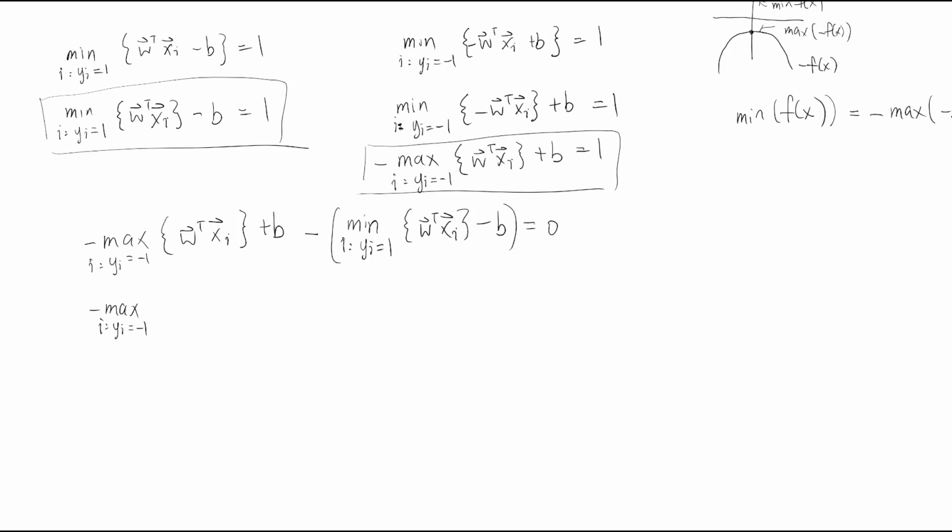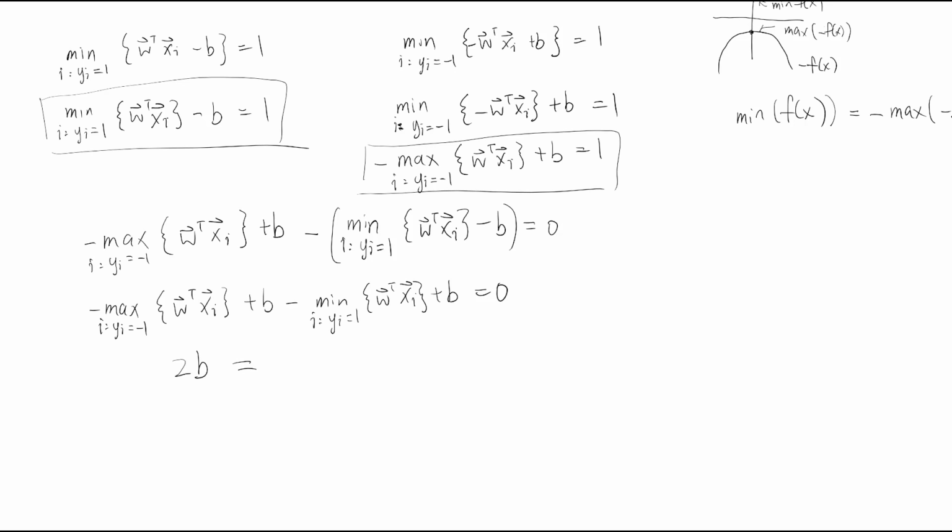Yeah, the first one is yi equals minus 1 of W transpose Xi. So nothing changes here. Plus b minus, I'm just going to do the minus, multiply the minus inside here. Okay, so now it's good that we have 2b. So we have 2b on one side. I'm going to divide by 2 at the end.